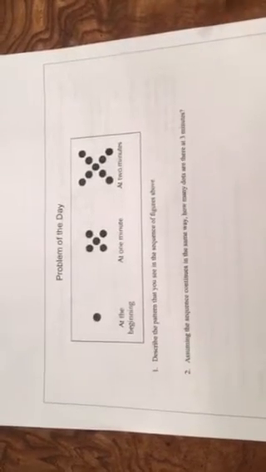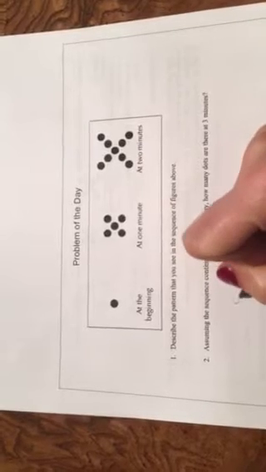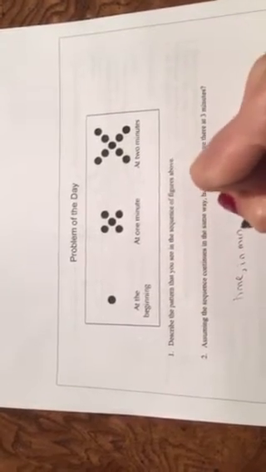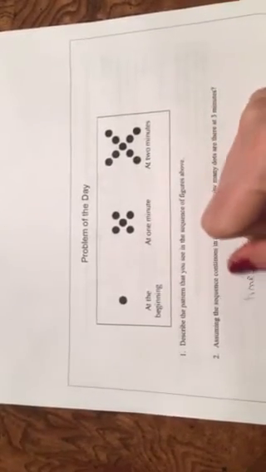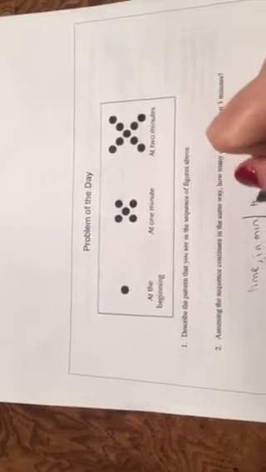So even though there isn't a table here, I'm going to go ahead and create a table to organize my thinking. So I have the time here in minutes. That's going to be represented by n. And then I have the number of dots.